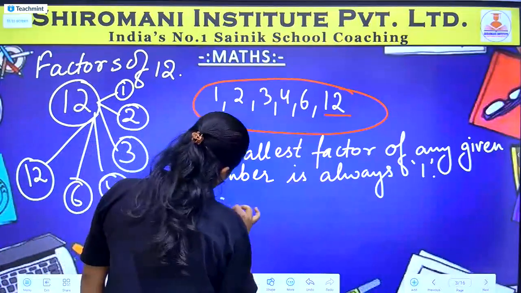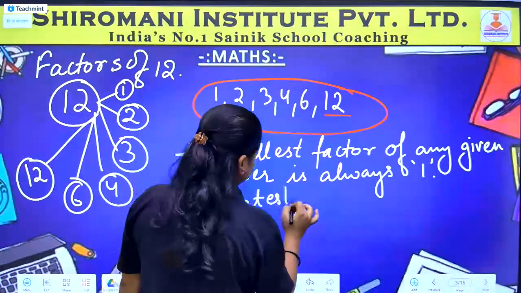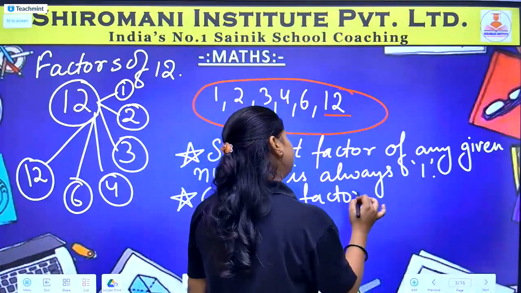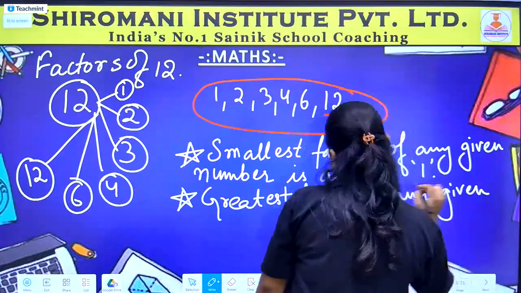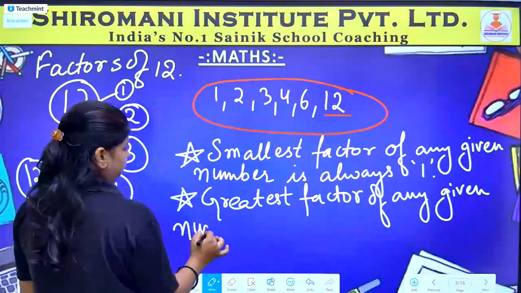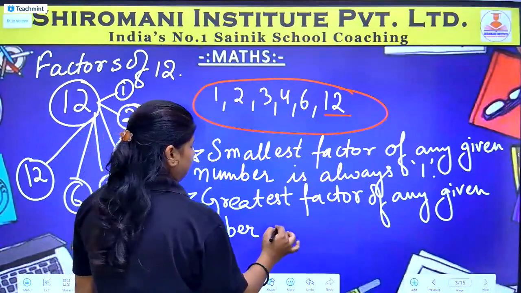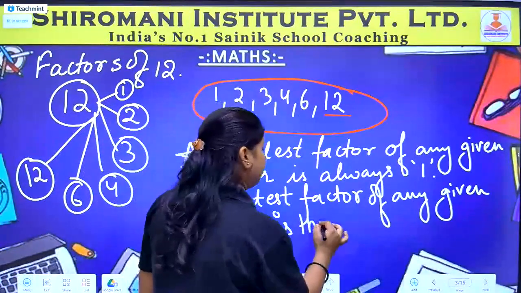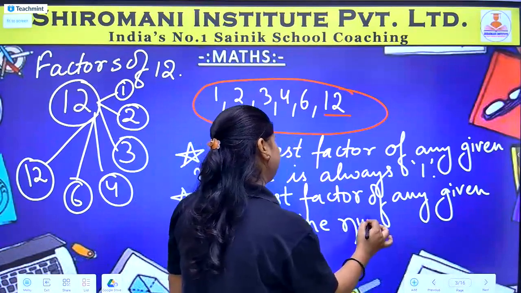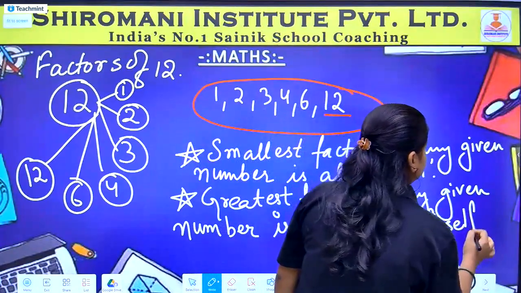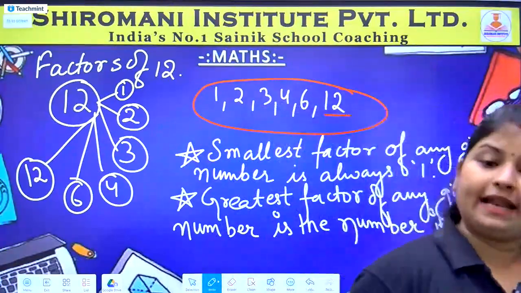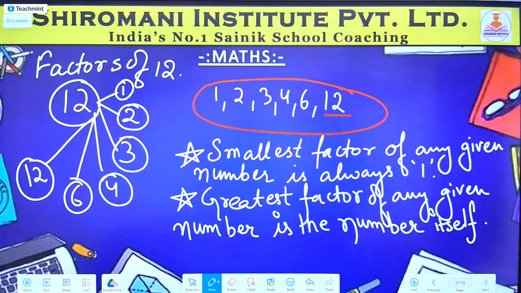And the greatest factor of any given number is the number itself. Smallest factor is 1, and greatest factor of any number is the number itself. Please note this down, beta. These 2 points are very important.